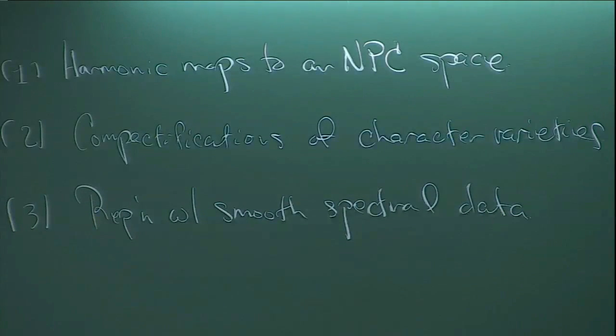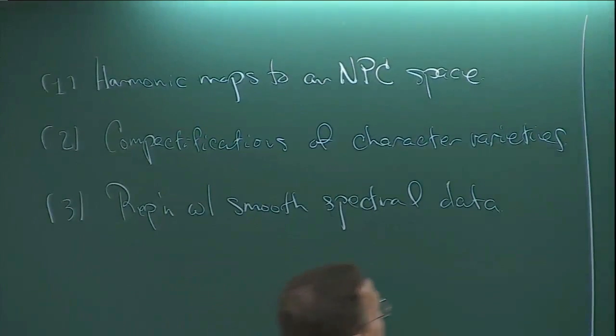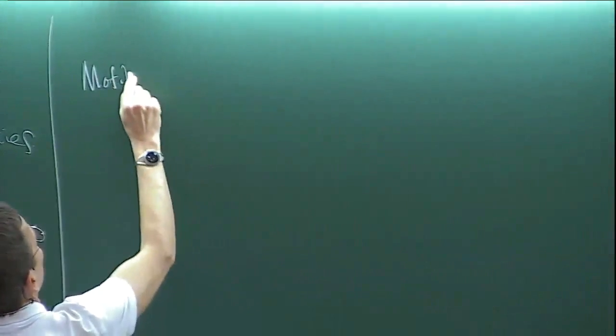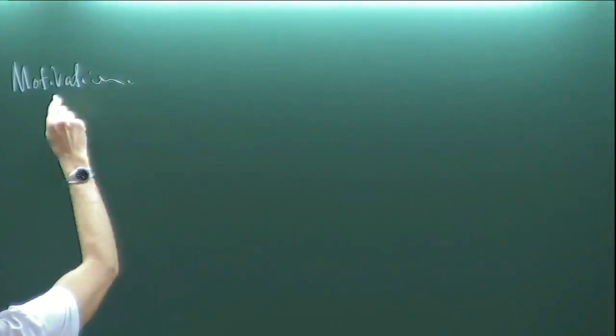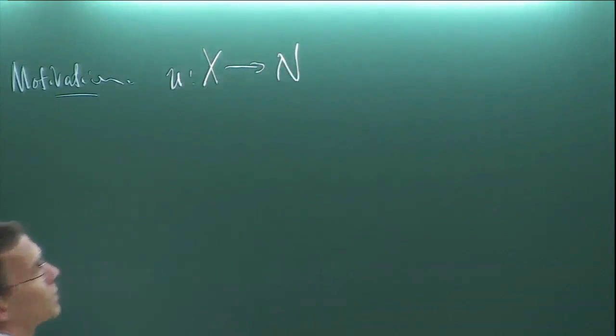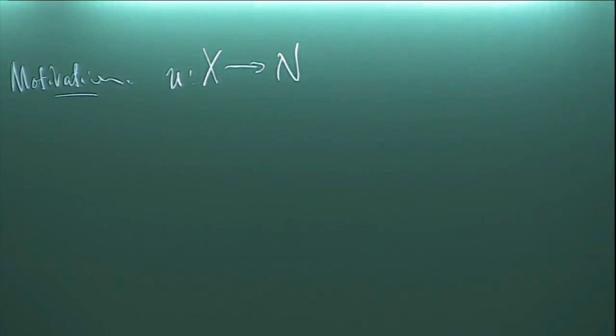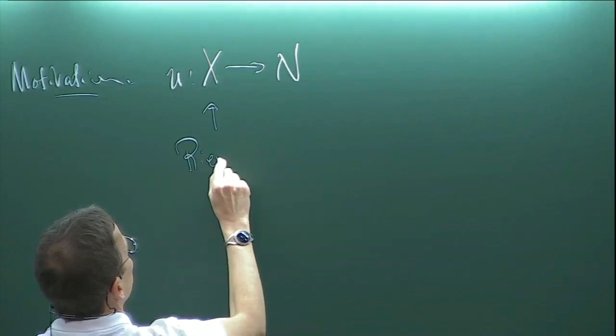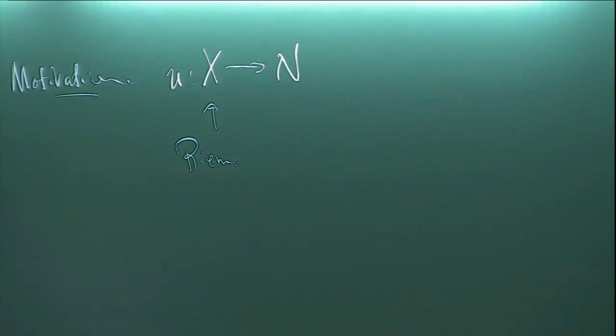Okay. So first of all, let's talk about maps to NPC spaces. As motivation, this sort of comes in from two different directions. So suppose I, again, am in this situation of a Riemannian domain, but now we want to generalize the target.